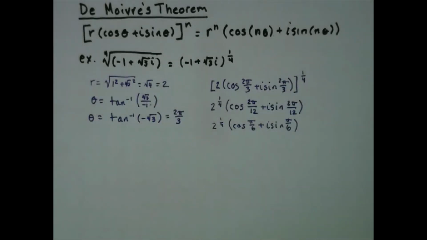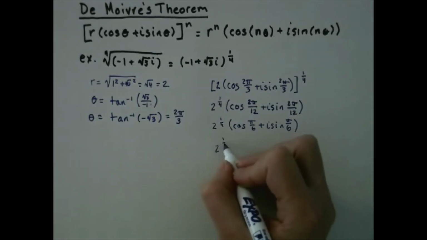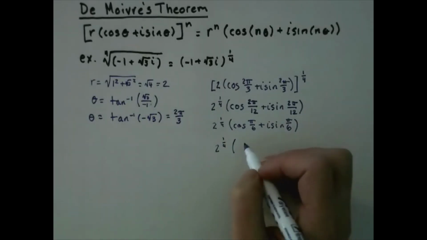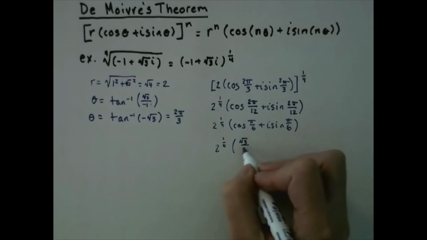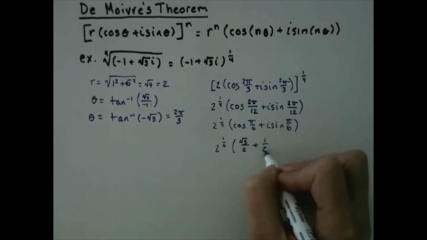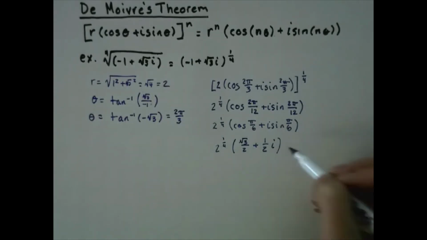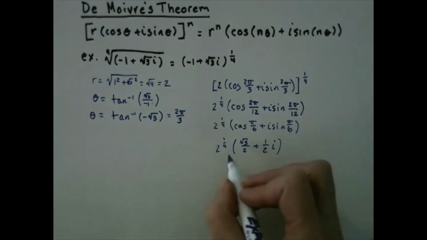Now the sine and cosine of pi over 6 we can get from the unit circle. But this 2 to the 1/4, you'd have to use a calculator to evaluate.